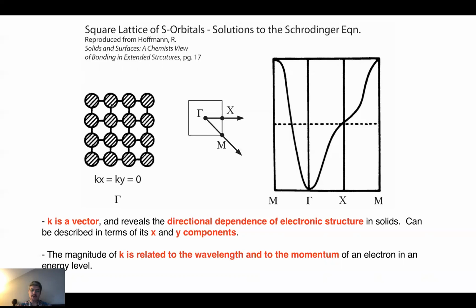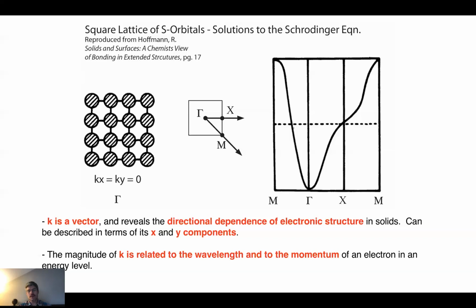Here's an example molecular orbital of this 4x4 square net of hydrogen 1s functions where kx, this direction, and ky, this direction, are both equal to 0. So when k is 0, it's just a sum of the basis functions in both x and y directions, and you get this totally symmetric combination of s orbitals.